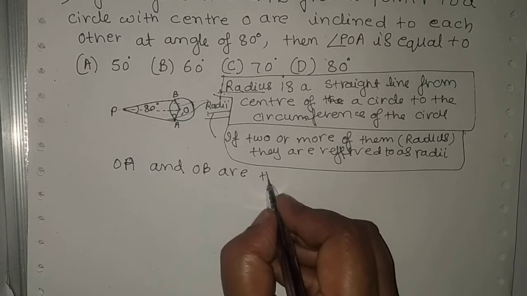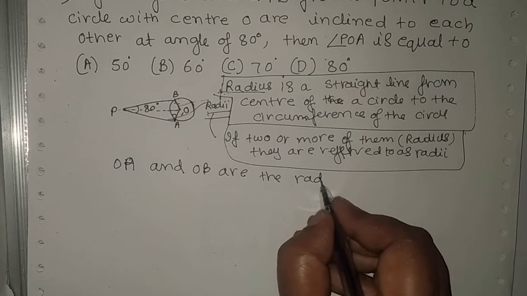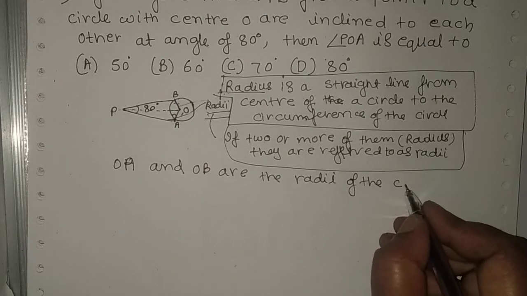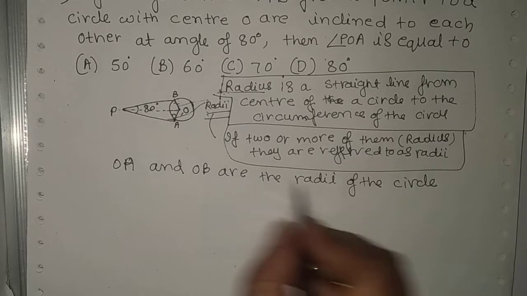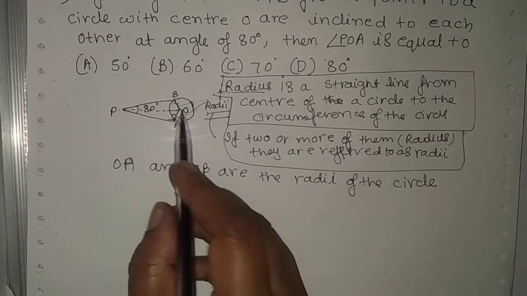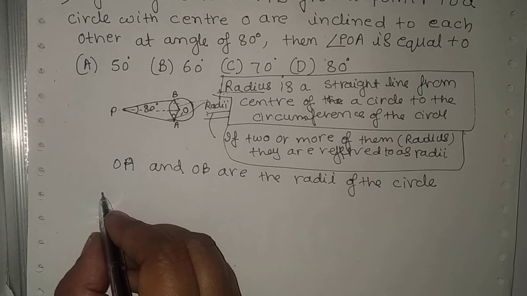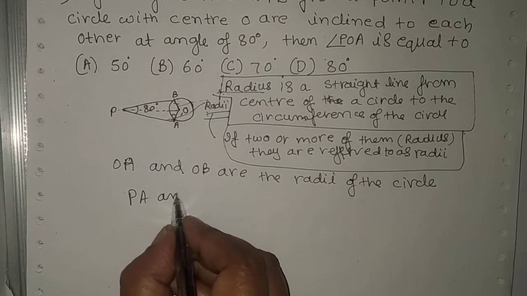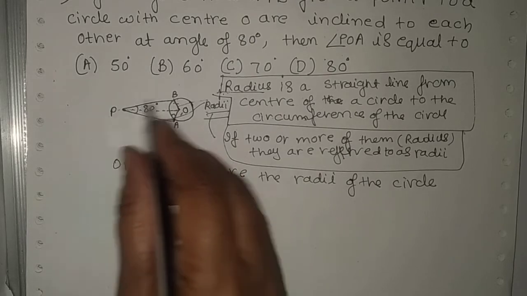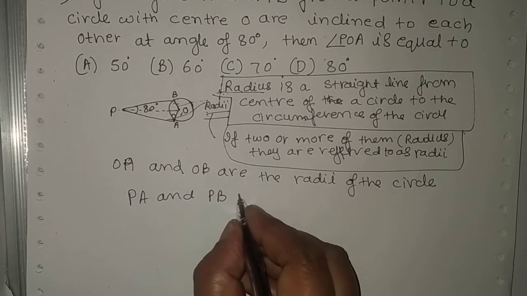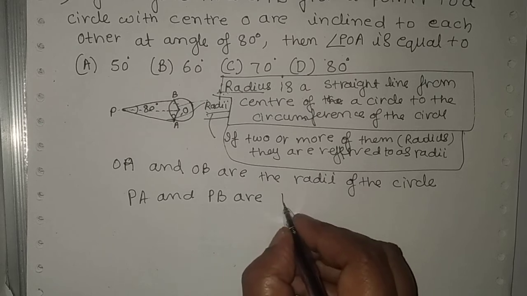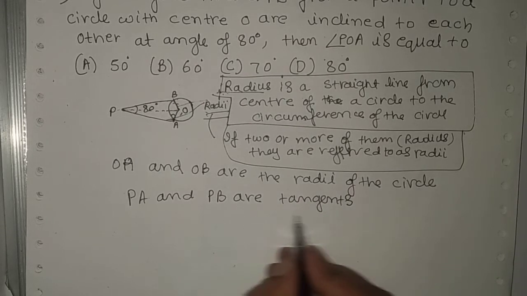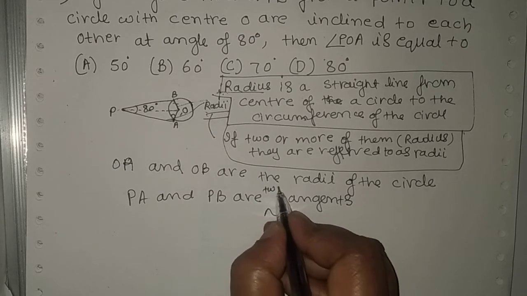are the radii of the circle. So we know what is the radii now. More than one radius to the circle is called as a radii. After this we write PA and PB are tangents or two tangents.